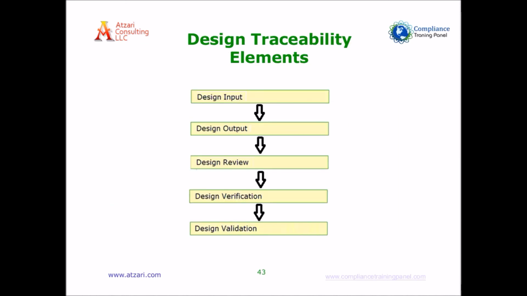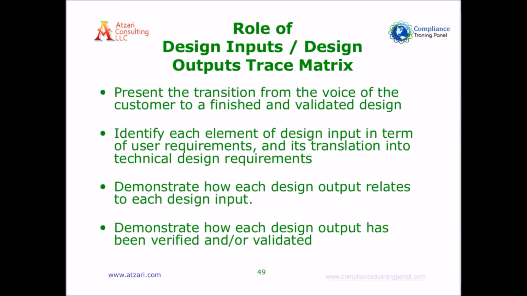Conceptually, the design control process is very straightforward. The traceability matrix presents a transition from the voice of the customer all the way to a finished and validated design. It identifies each element of design input in terms of user requirements and translates them into measurable technical requirements.